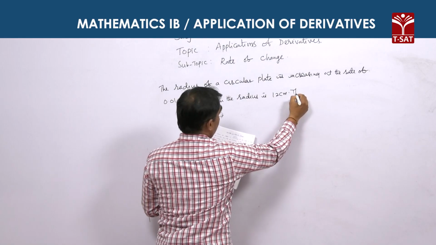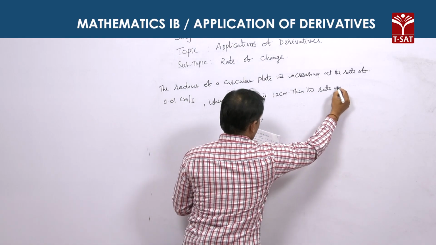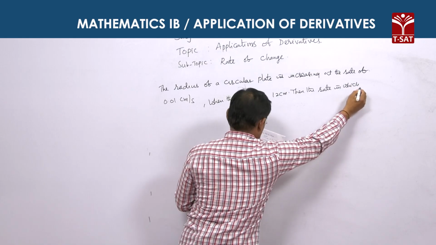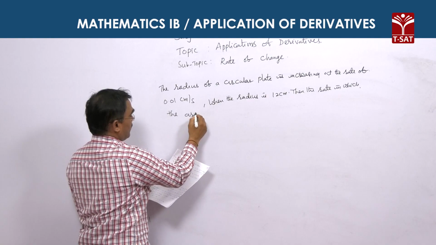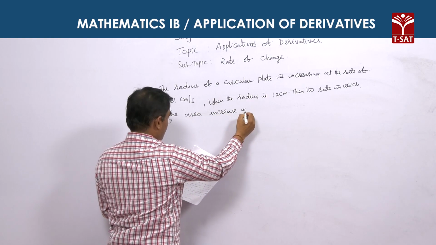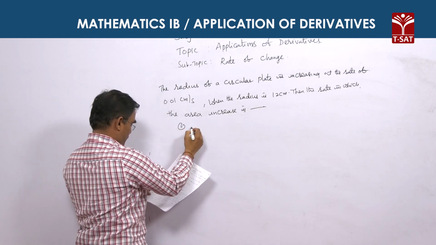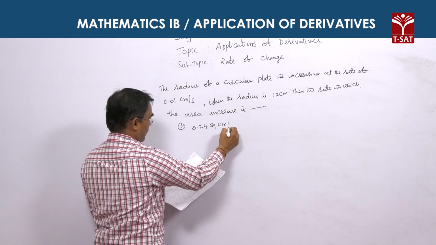Then the rate at which the area increases is dash. Right? First response is 0.24 square centimeter per second.